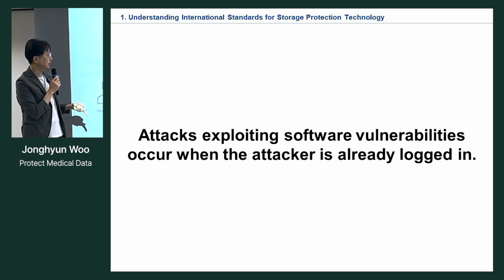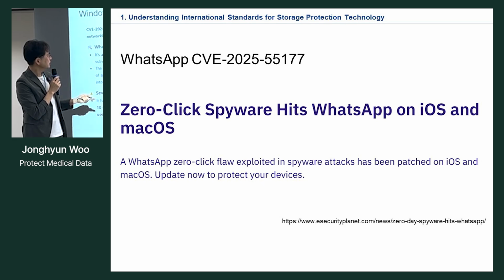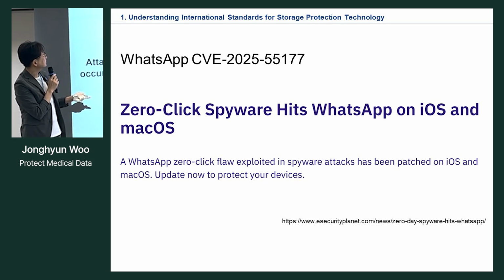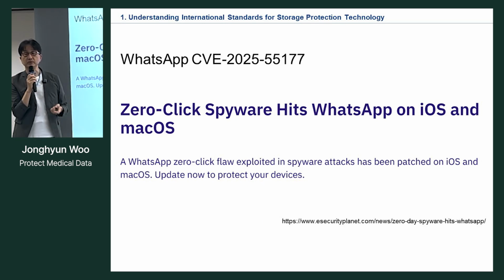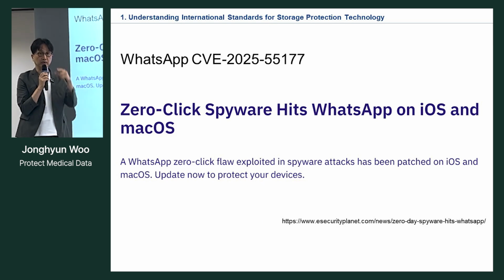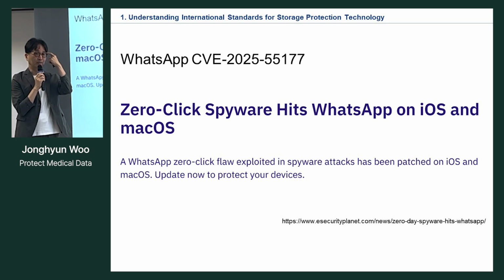That's the statistics of today. I believe some of the participants here would probably say, because I'm using an iPhone, there would be no vulnerability, no attack on my phone.